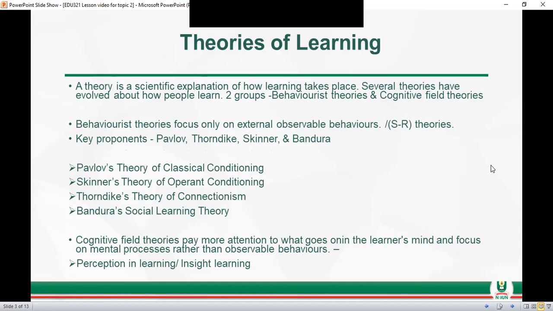So, what is a theory? Remember, we are discussing the concept of theory within the context of learning. A theory is a scientific explanation of how learning occurs, how learning takes place. Several theories have evolved about how people learn.